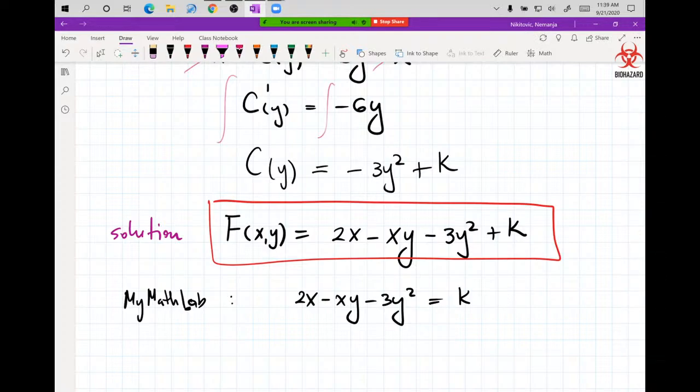So that's also an implicit solution. Or 2x minus xy minus 3y squared plus k equal to 0. Remember, when you move k to the other side, that minus sign gets absorbed because it's a constant.